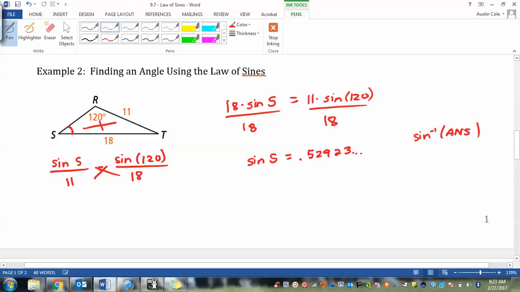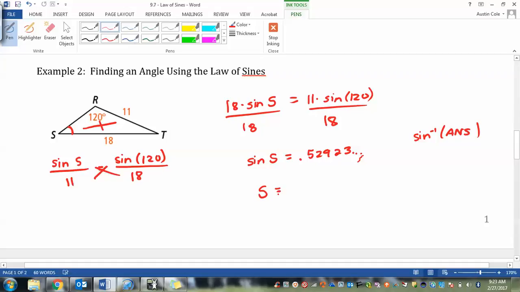What that does, I think I've talked about this before, is it takes this long answer that we have in our calculator and plugs that in. So now I'm doing inverse sine of that, so I don't have to round that answer, I don't have to memorize that answer, I don't have to type that long answer in, just hit second answer. Boom, it's in there. And now that gets us S.